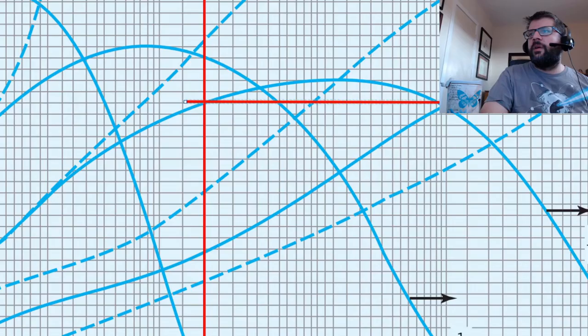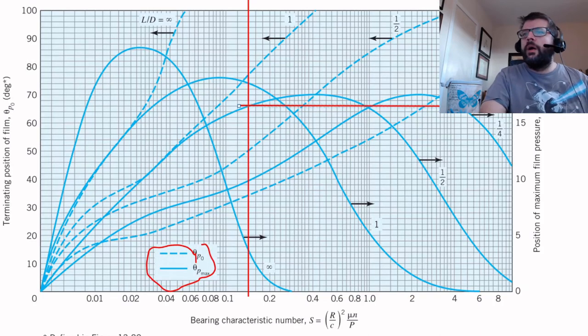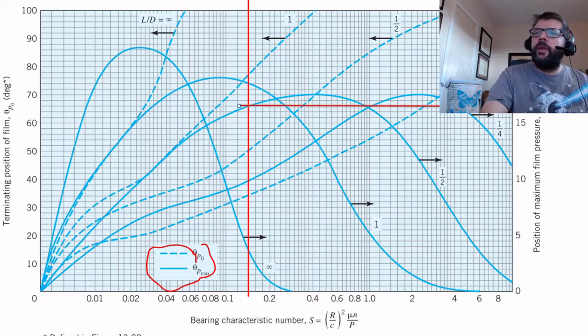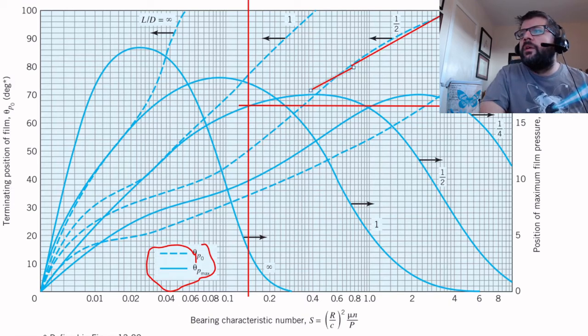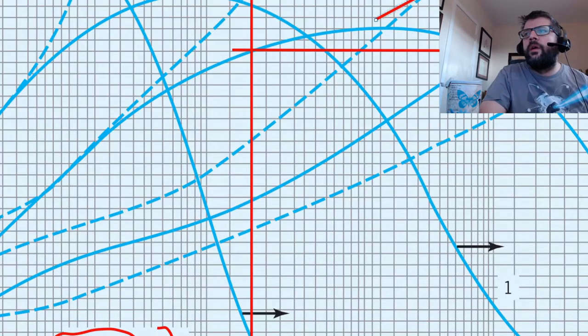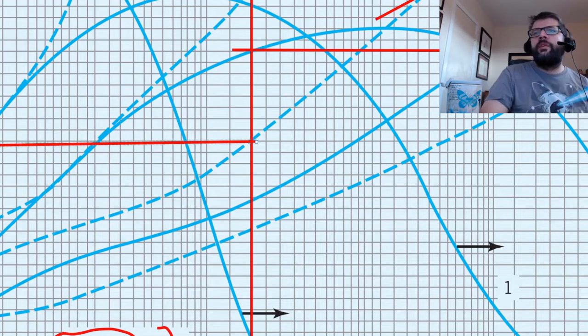So next up, the line for the position, the terminating position of the film. That's this one here. So where that intersects, that looks like this.